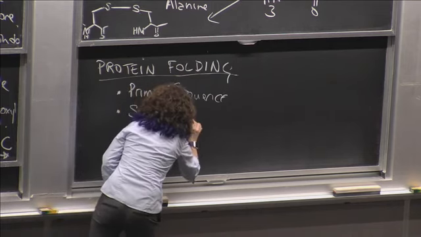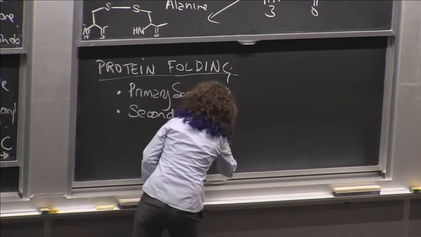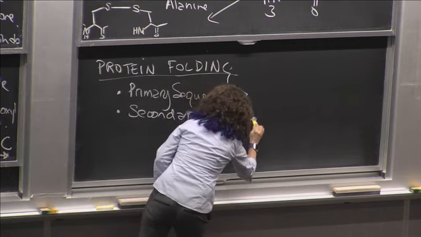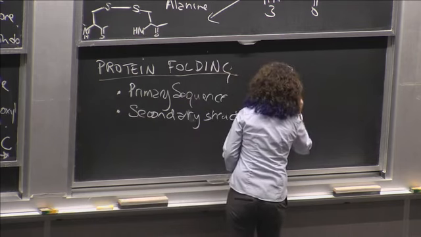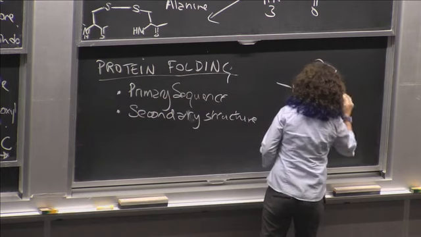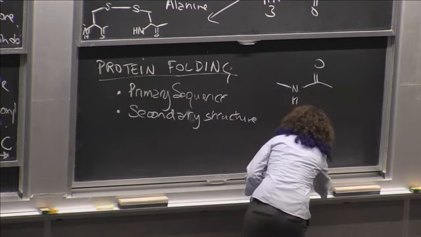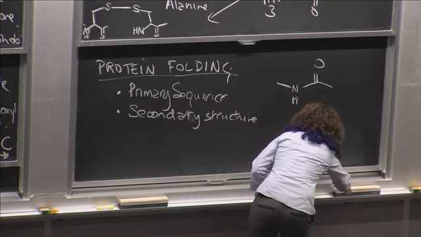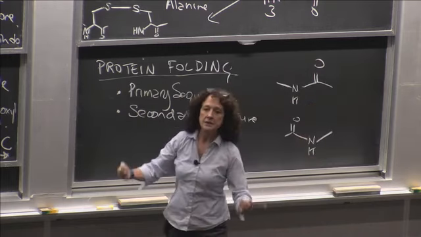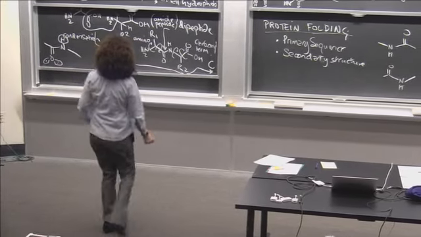And it's called secondary, my writing's horrid today, secondary structure. And those are interactions that are put in place exclusively by interactions between the peptide bonds of what's known as the peptide backbone.